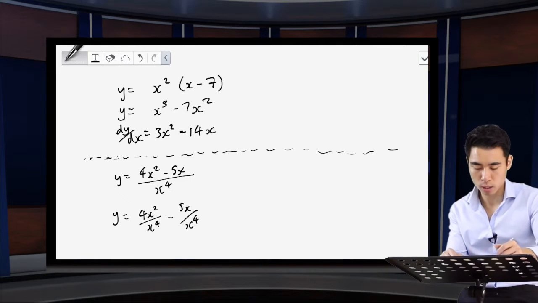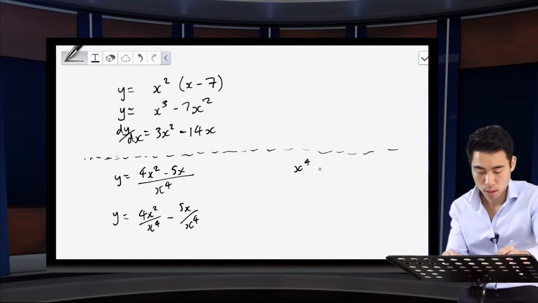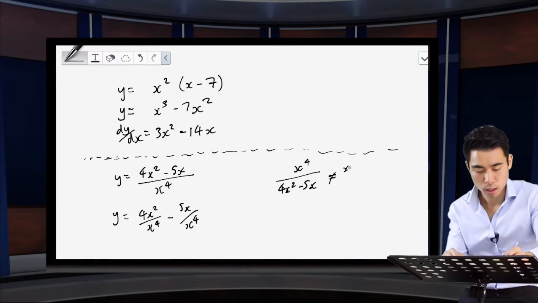So just note that I can do that, but I cannot do this. So x to the 4 over 4x squared minus 5x, that is not the same as x to the 4 over 4x squared minus x to the 4 over 5x.